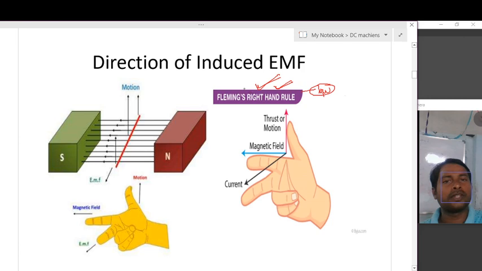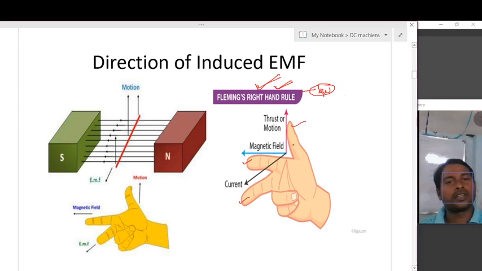According to Fleming's right hand rule, keep your right hand. Assume this is your right hand. This is the thumb, this is the forefinger, and this is the middle finger. Like this you should keep.